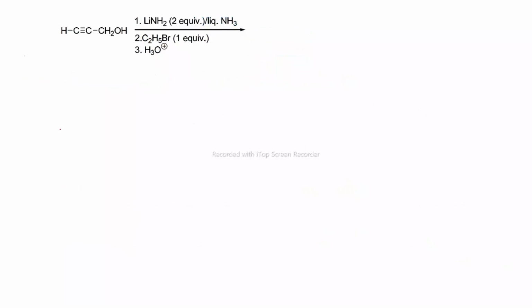Our substrate is C triple bond C, CH2OH, and H. Now we are treating it with LiNH2, which means Li plus and NH2 minus. That means we are treating with a base. How many equivalents of base?